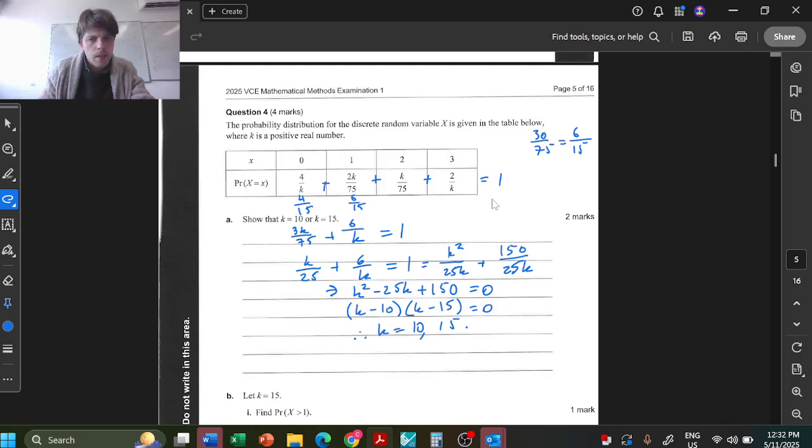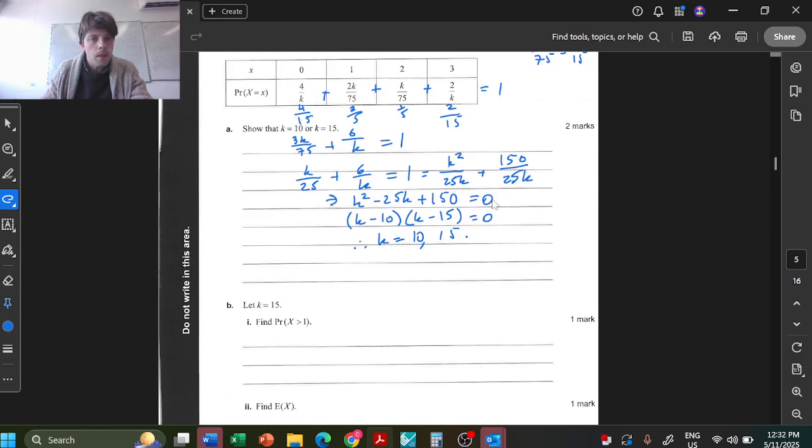Oh yeah, 6 over 15, and then we can simplify that further down to 2 over 5. Sorry, guys. And then this one here is going to be 1 over 5. So it's 15 over 75; 15 goes into 75 5 times. And then we have here at the end 2 over 15. And that's our fractions.